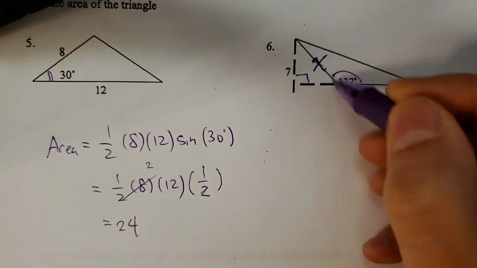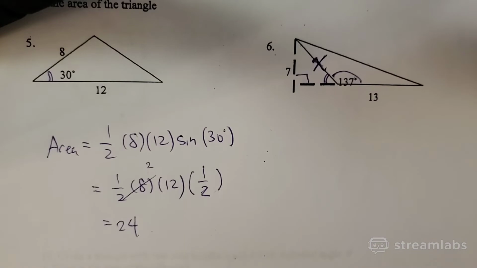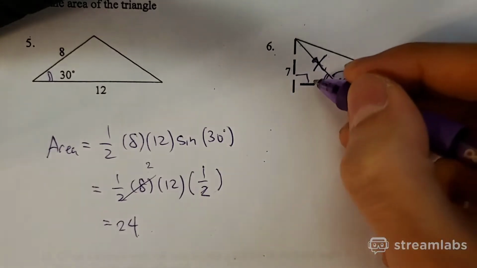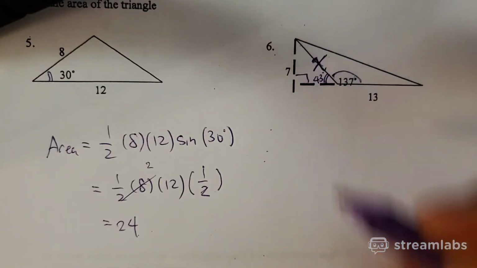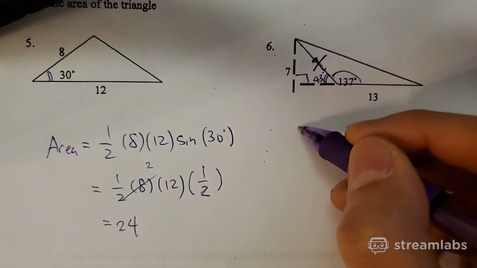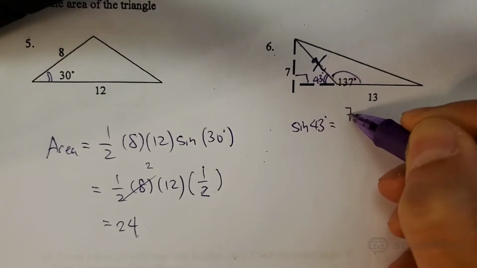So let's look at this triangle. What is this angle right here? 180 minus 137, right? Which is 43, right? 43. And then you will do this part. So what is this? Sine 43 equals 7 over x.